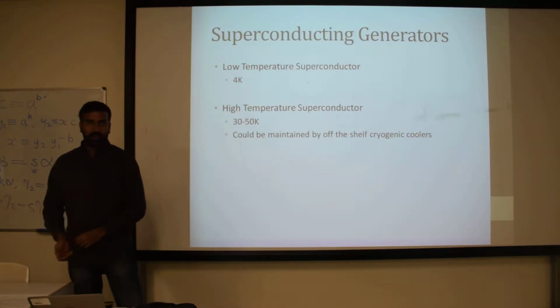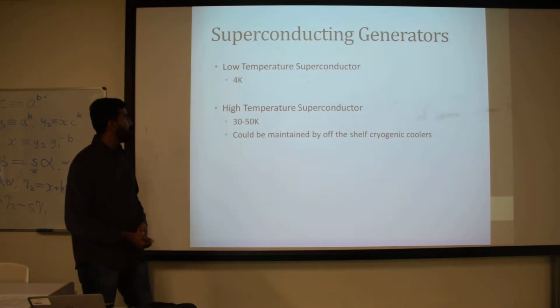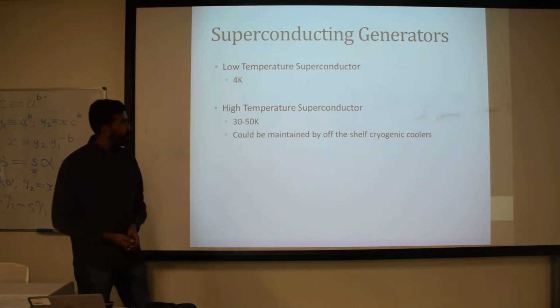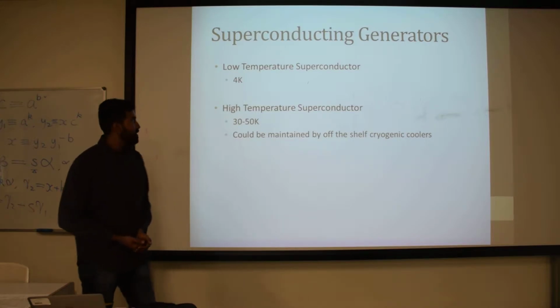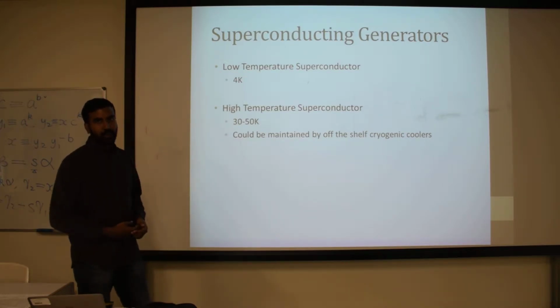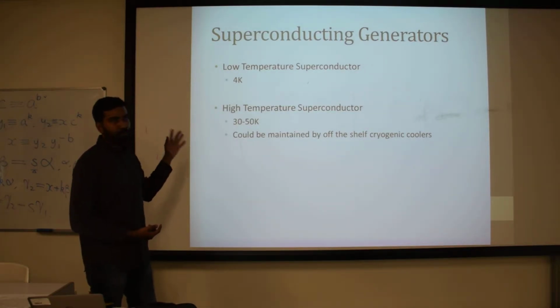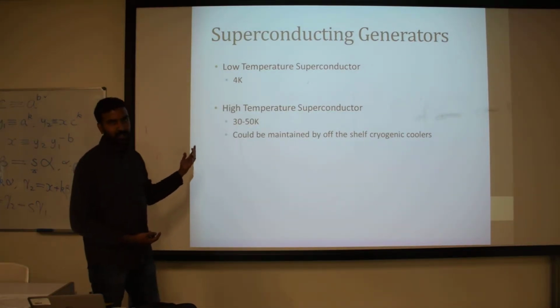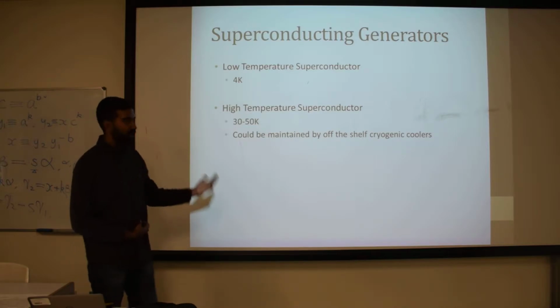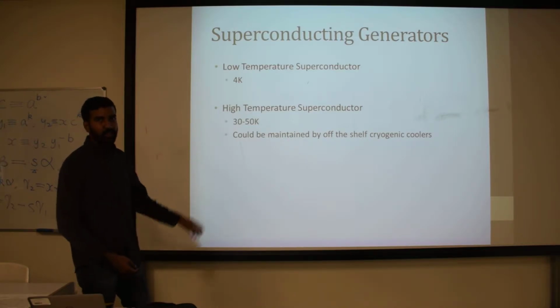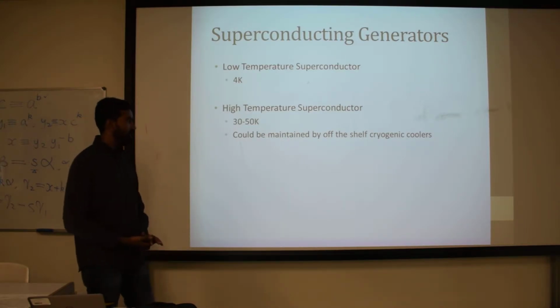Now superconducting wires are of two types. There's the low temperature superconductor and the high temperature superconductor. As you can see, the low temperature superconductor operates at 4K, which is very low, so the only technology being looked at seriously is the HTS, which has a 30 to 50K operating temperature.